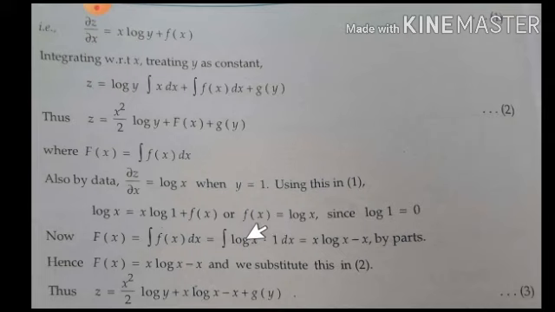So log x is kept as it is, times the integration of 1 which is x, minus the integral of the differentiation of log x, which is 1/x, and the integration of 1 is x. That x gets cancelled, then only the integral of dx will be left out. That integral of dx is nothing but x.